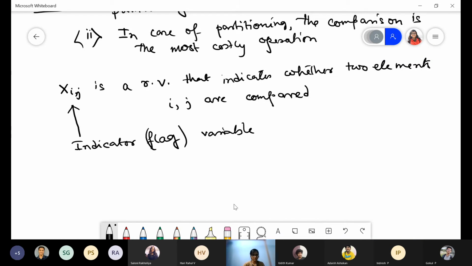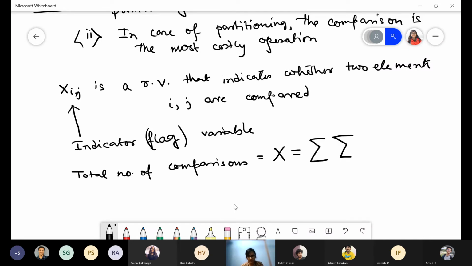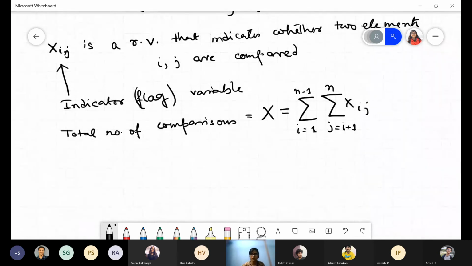Our total number of comparisons will be x. If we take x as the sum over all possible values of xij, where j equals i plus 1 to n, and i equals 1 to n minus 1, all possibilities are covered.